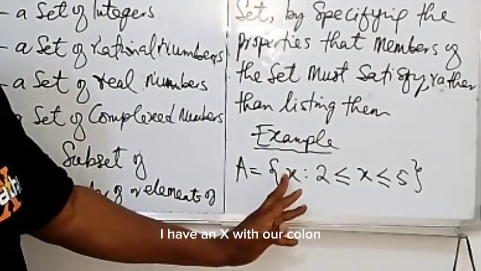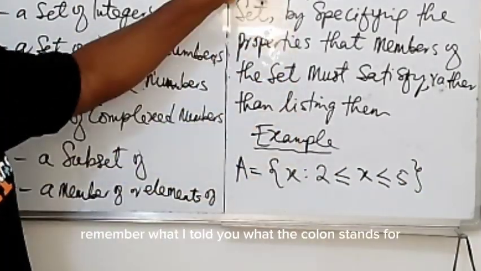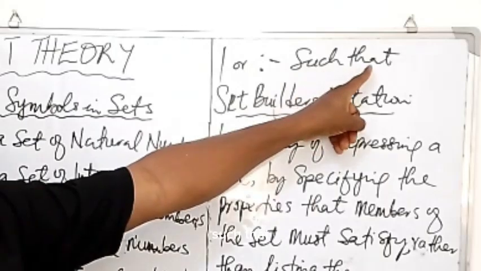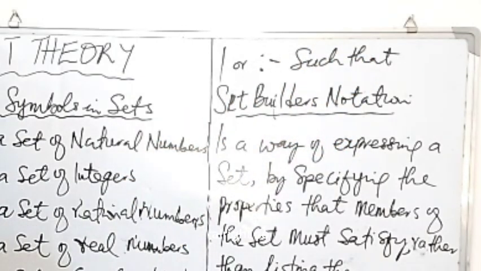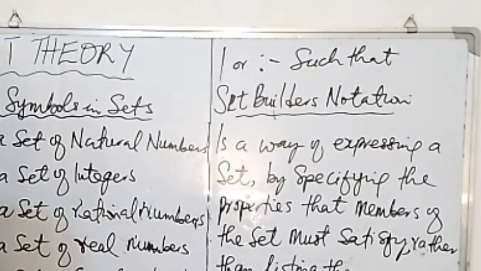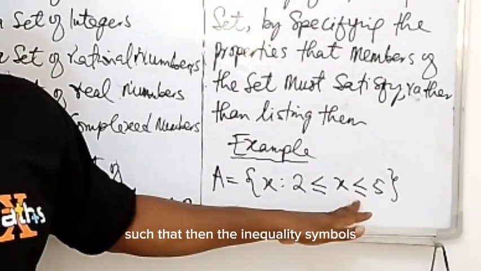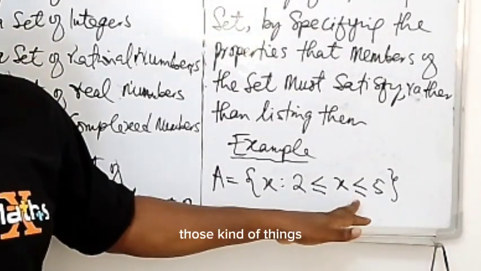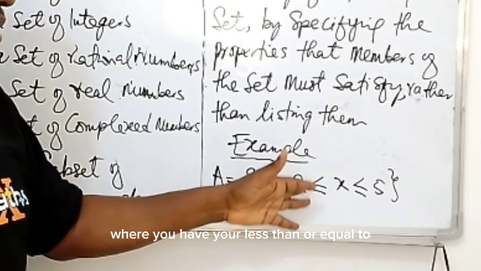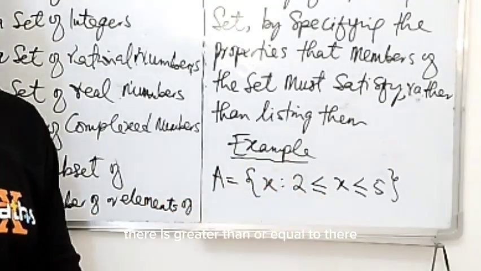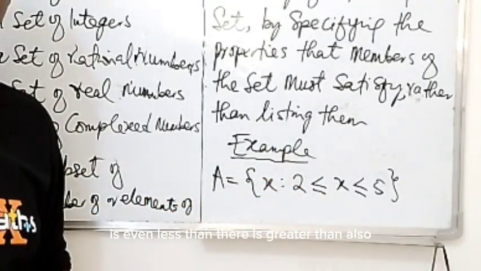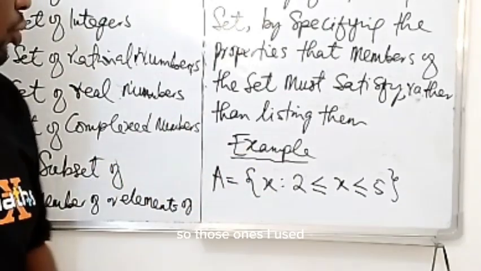I have an X with our colon. Remember what I told you what the colon stands for? Such that. Then the inequality symbols, I'm sure you should be familiar with those, where you have less than or equal to, greater than or equal to, less than, and greater than also. So those ones are used.